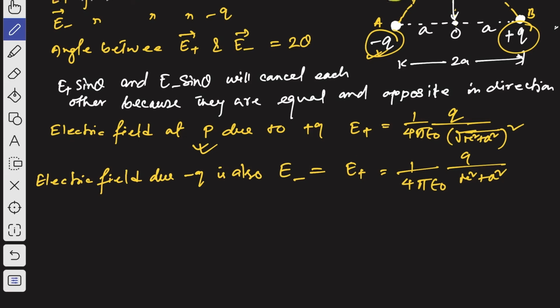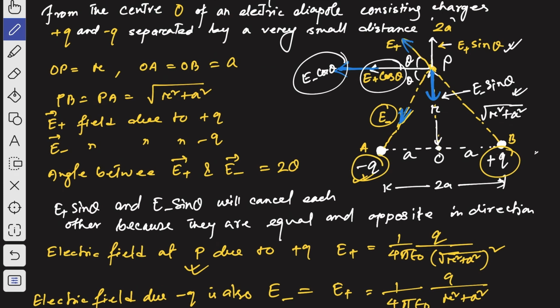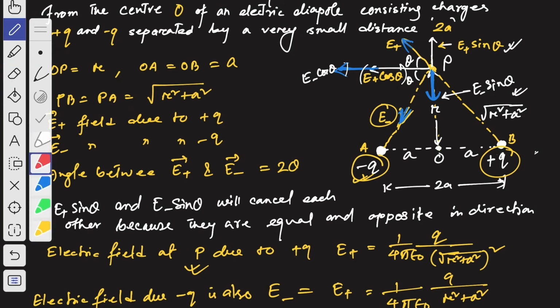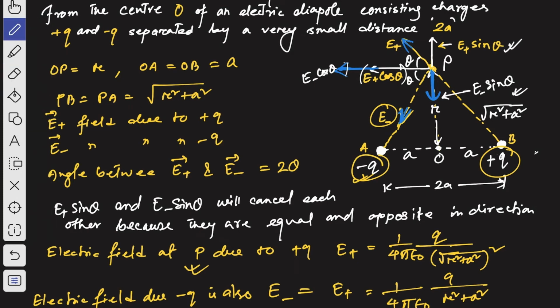So now if you see the diagram, when we have resolved the electric field into two components, the cos components of both electric fields E negative and E positive are directed in the same direction.